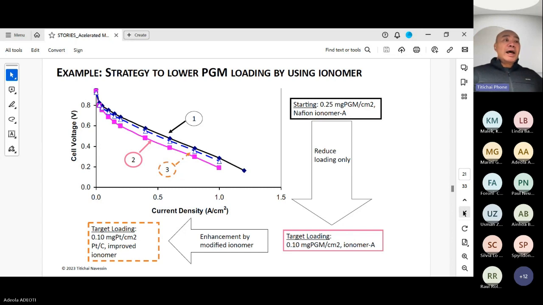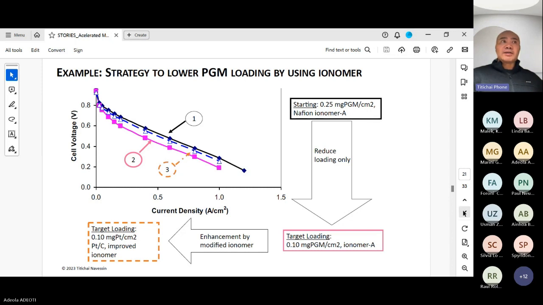We reduce the loading down without changing anything else. You get quite a big hit in performance, and then you can use various tricks, such as enhancement or modified ionomer, in order to bring the performance back up again, right? And so by tweaking this, you can actually optimize the catalyst layer.